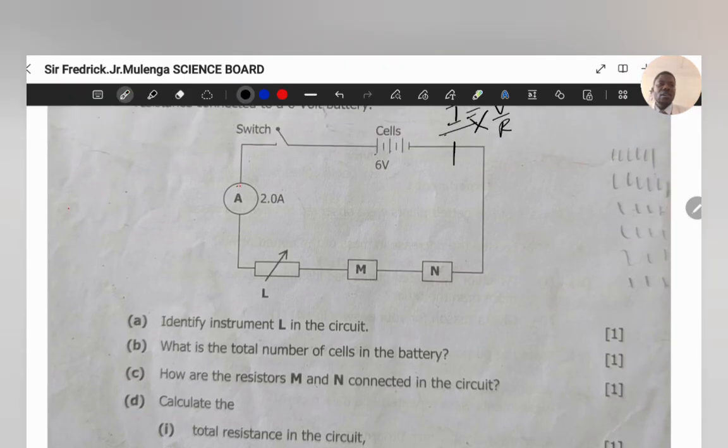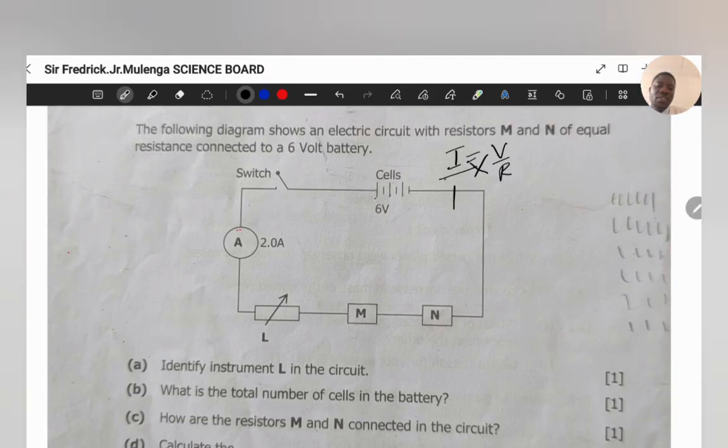Then what if now you want to calculate resistance that is connected in series? When we have resistance connected in series, the formula we use is this. So total resistance is equal to resistor 1 plus resistor 2 plus resistor 3, depending on the amount of resistance that you have.